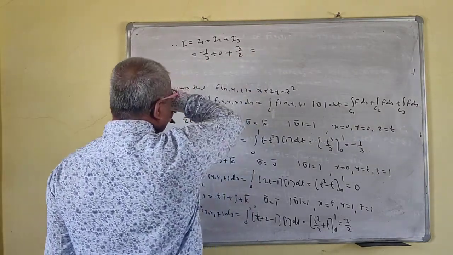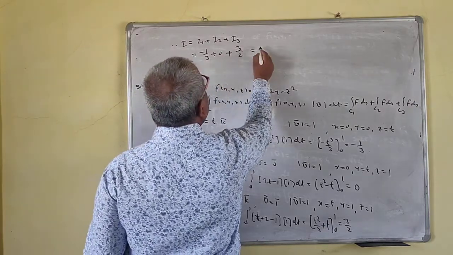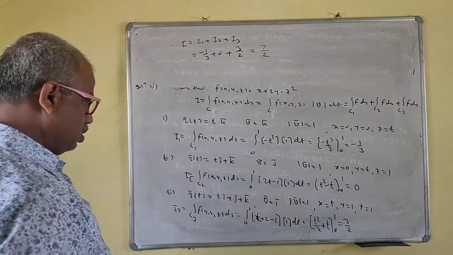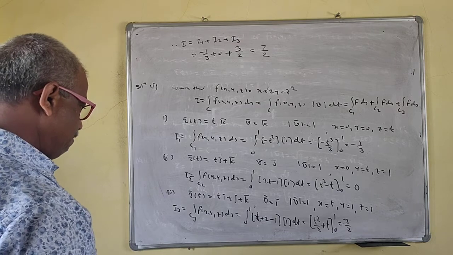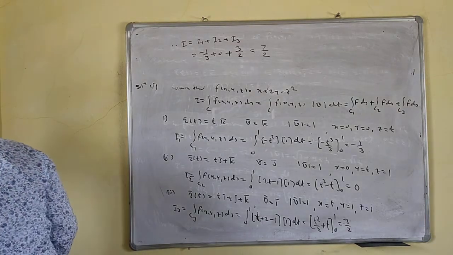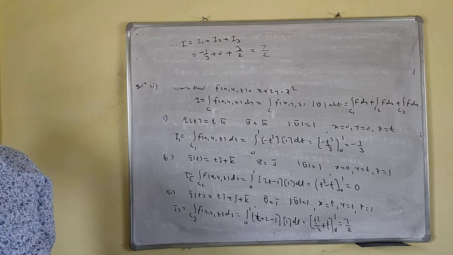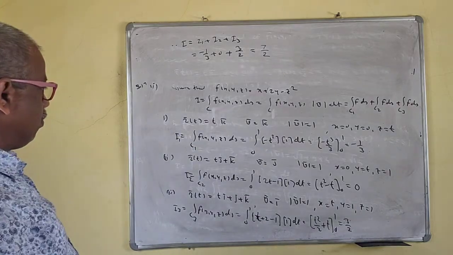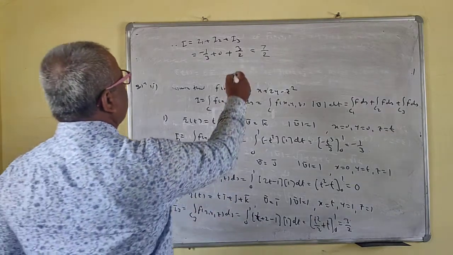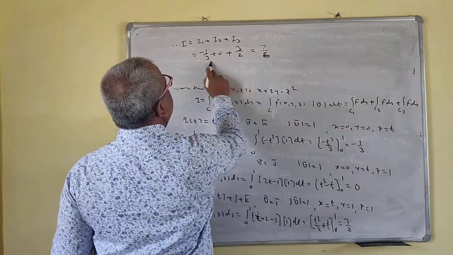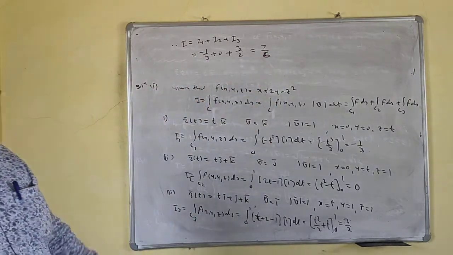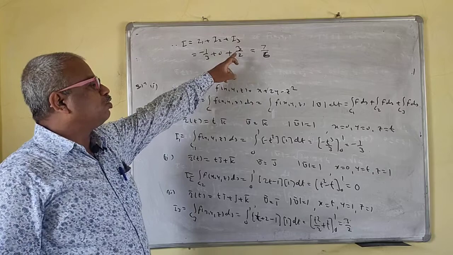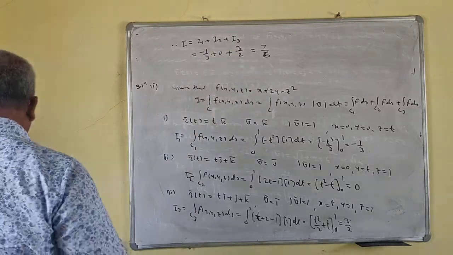So the final answer is 7 by 6, not 7 by 2. So this is 3 into 2, which is 6. Do the calculation correctly: cross multiply, minus 2 plus 9 upon 3 into 2, that is 6. Our answer is correct.